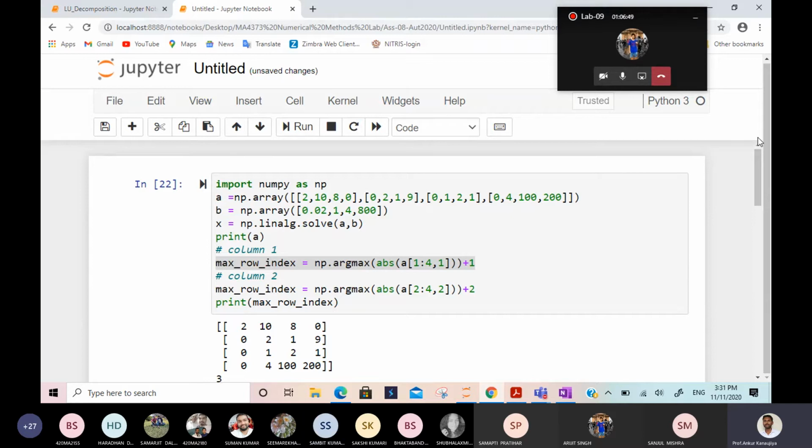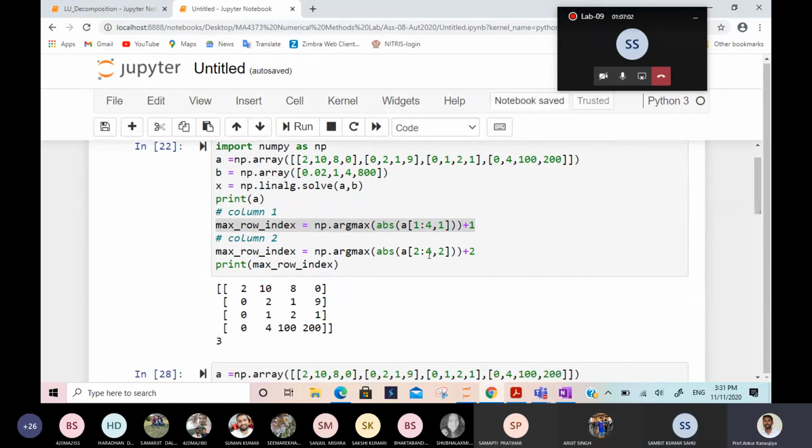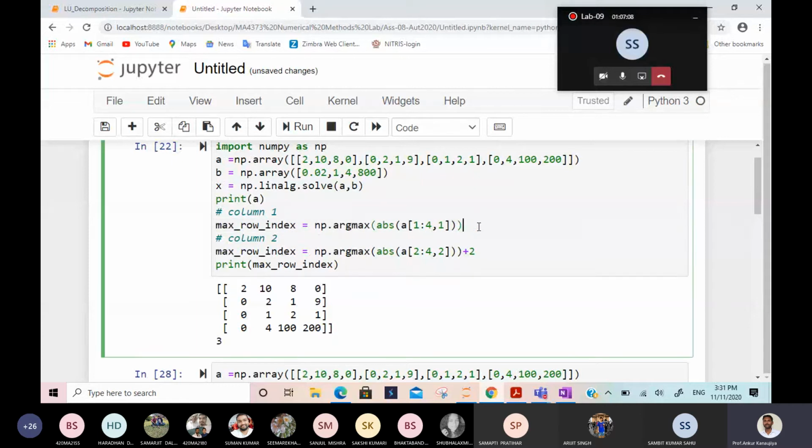Hello, sir. Yes. Sir, in the np.argmax, at the end of the bracket, why is +1 or +2 required? Yes, tell me, I will explain. See, here it is written 2 to 4, or it is written 1 to 4. Suppose this +1 is not here. I'm just removing this one.